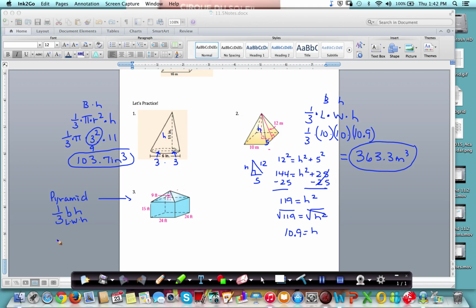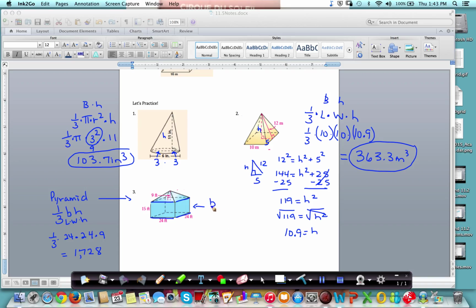Okay, looks like I have my height of 9, so I'm going to be able to do this. 1/3 times length, 24, times width, 24, times the height, 9. Because if this is 24, then this is 24. And if this is 24, then this is 24. So I have everything I need up here. So the pyramid itself is 1,728.